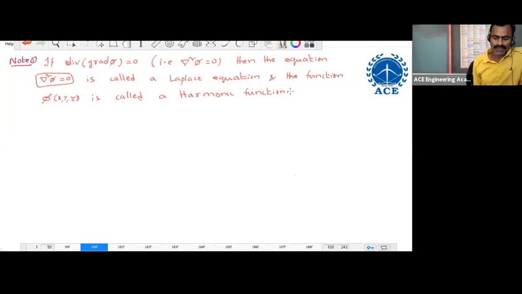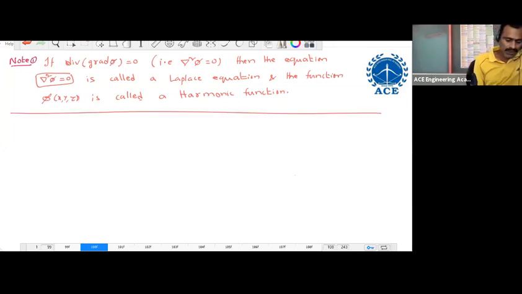These are the note points. From this total vector differentiation part, you have to remember like this. One is del phi, this is gradient. Next, del dot f bar, this is divergence.